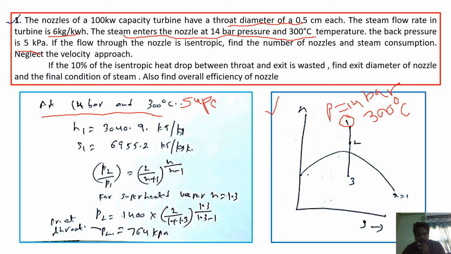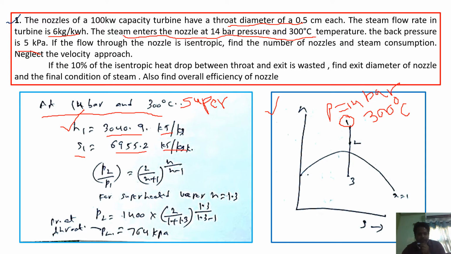Once you refer the superheated steam table, enthalpy H1 value is 3040.9 kilojoule per kg and entropy S1 value 6955.2 kilojoule per kg Kelvin.